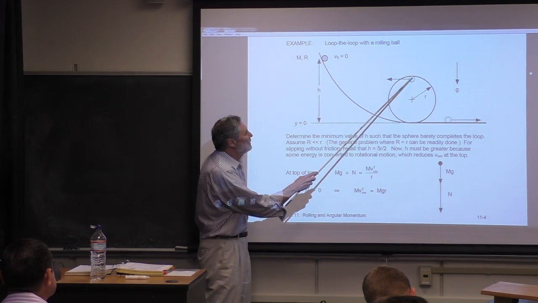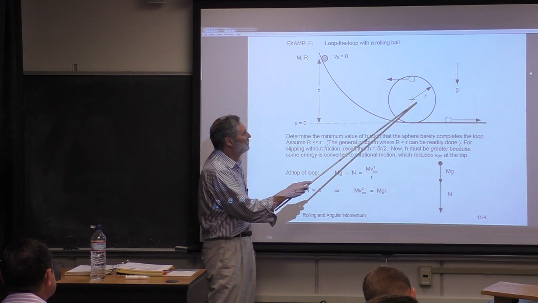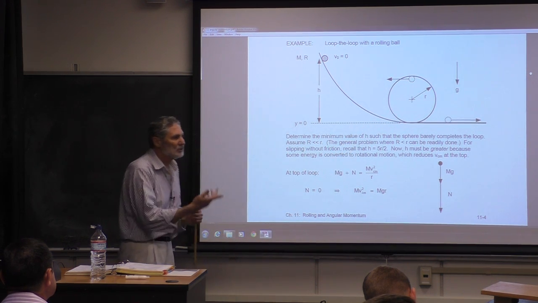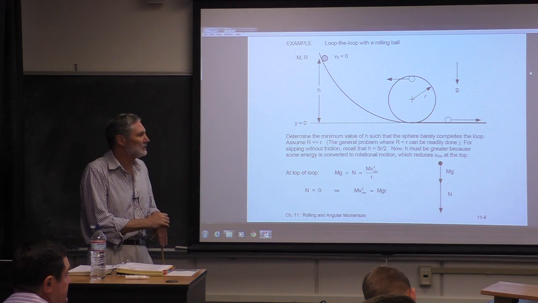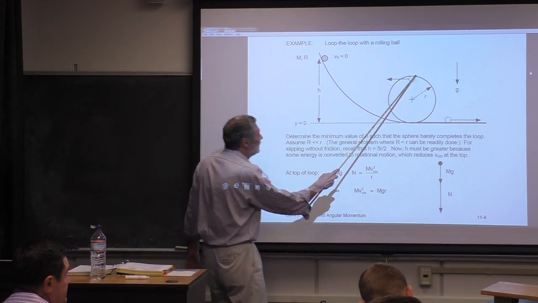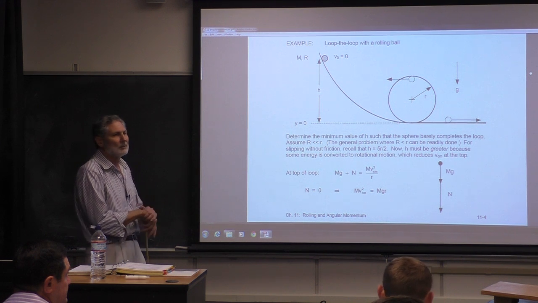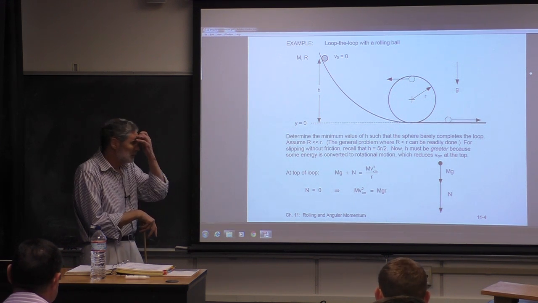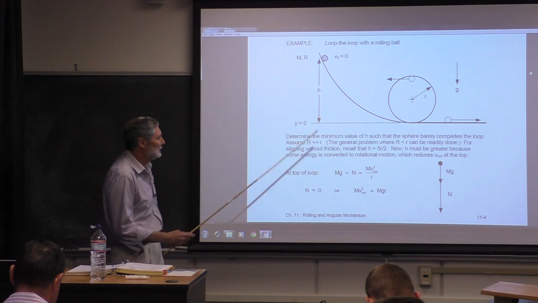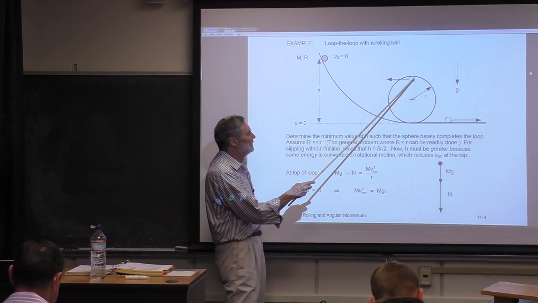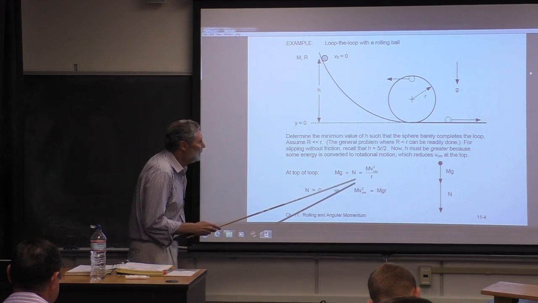Now we're going to assume that the radius of the ball is small compared to the radius of the loop, which is not a bad approximation there, but you can actually solve it in general. It can be big here. And that might be a homework problem, but I don't think we're going to do it. But let's just assume for simplicity here that this is small.